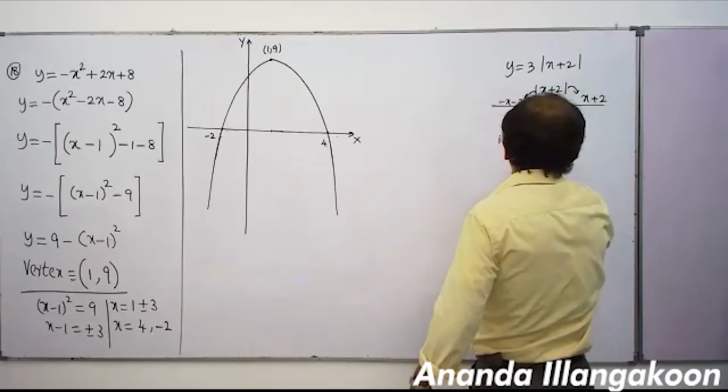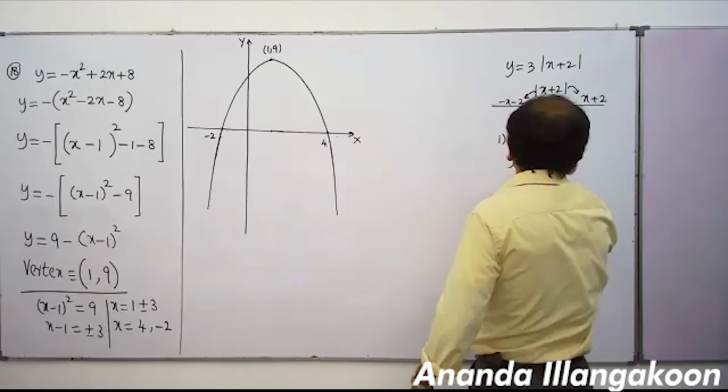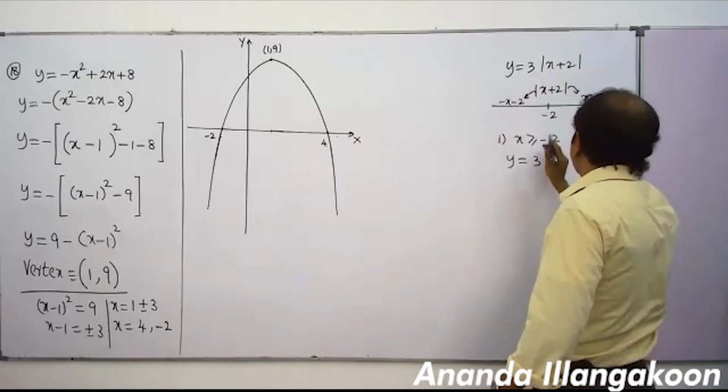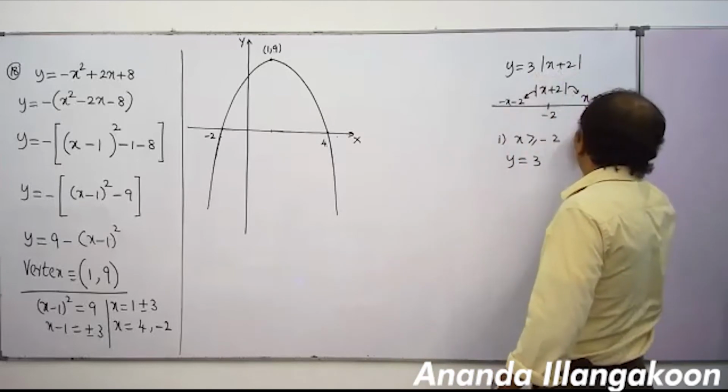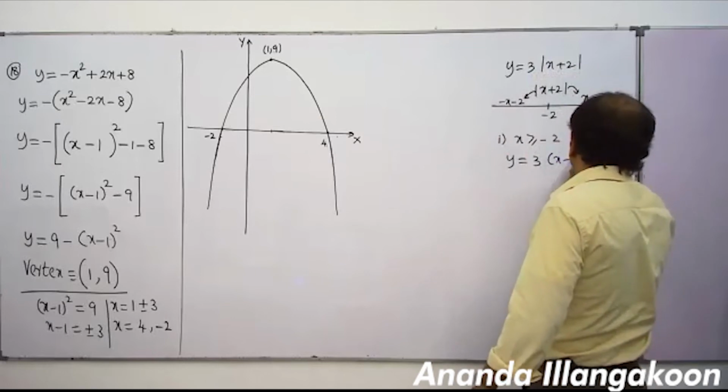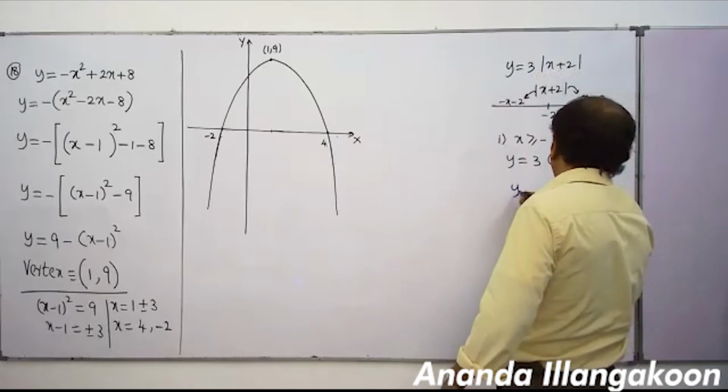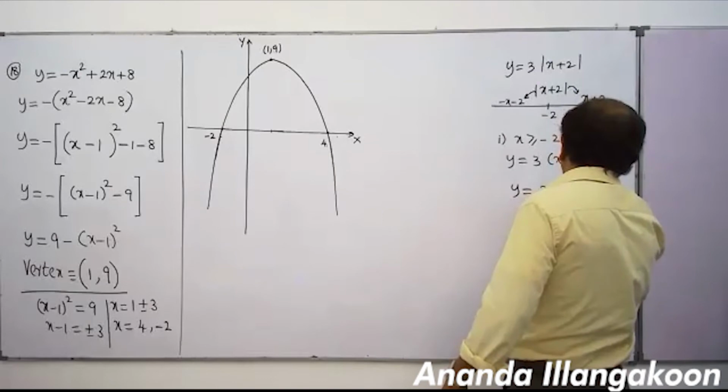When x is greater than or equal to minus 2, what graph do we have to draw? 3 times mod x plus 2 on the right of minus 2 is 3 times x plus 2. What is the graph we have to draw? 3x plus 6.